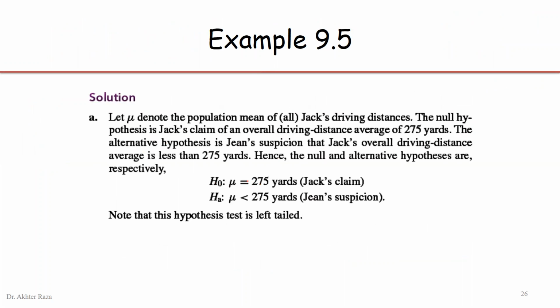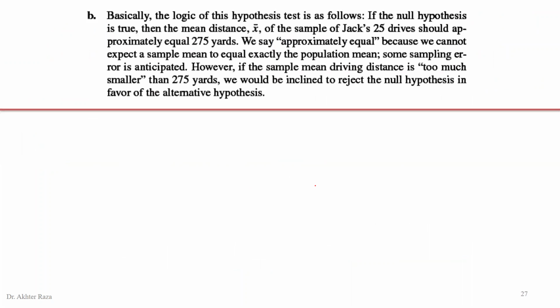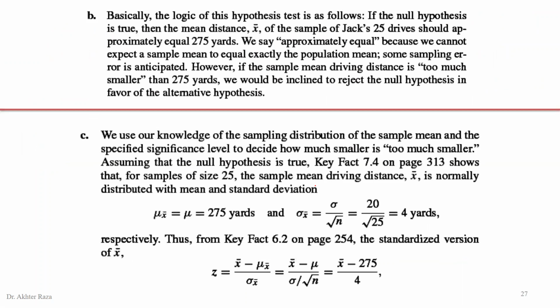The null hypothesis is 275 yards, Jack's claim, and less than 275 yards in the alternate hypothesis. And then we have to find mu x bar, which is equal to mu, 275 yards. According to the central limit theorem, we can use it because the sample size is 25.